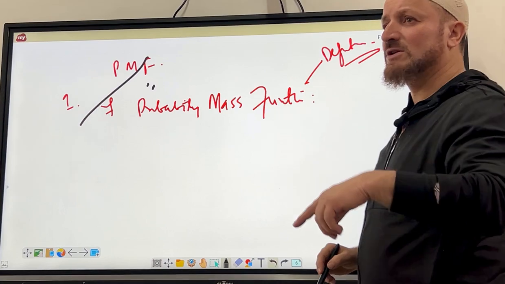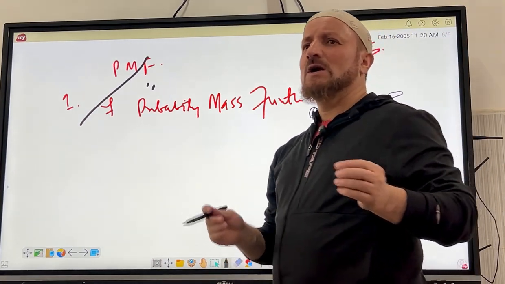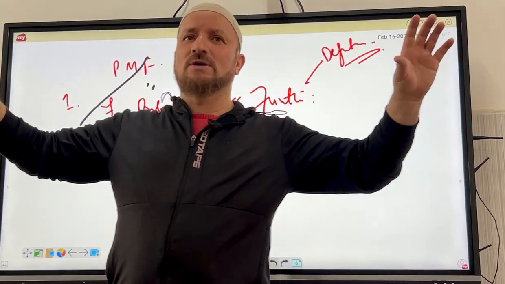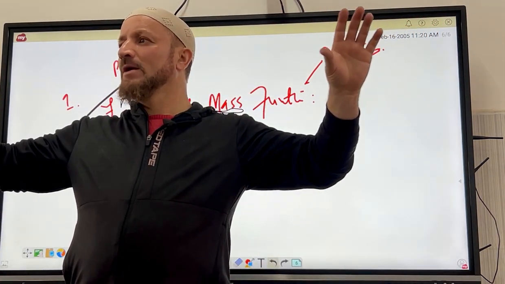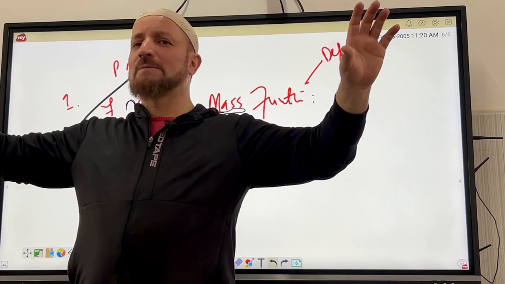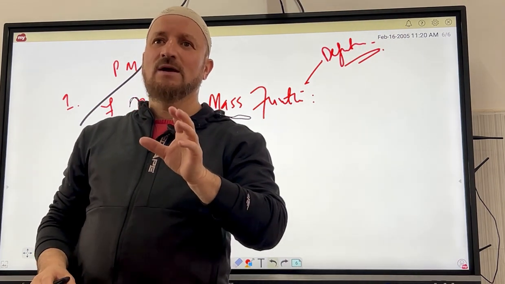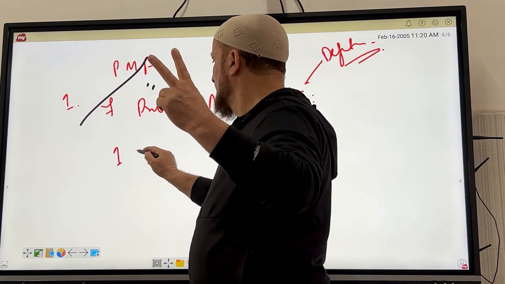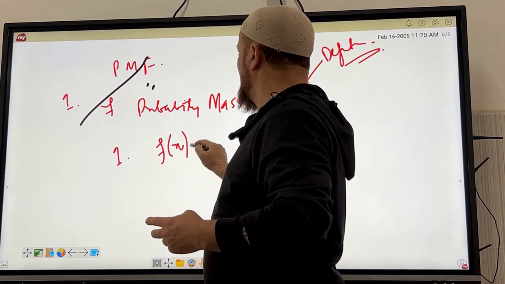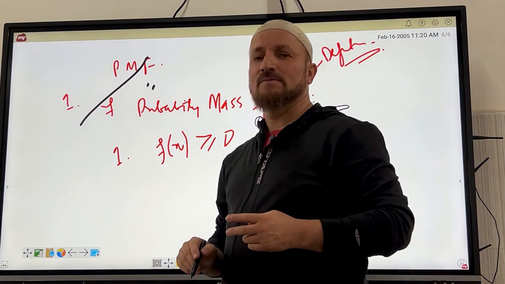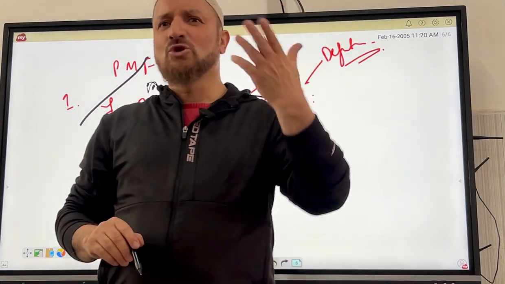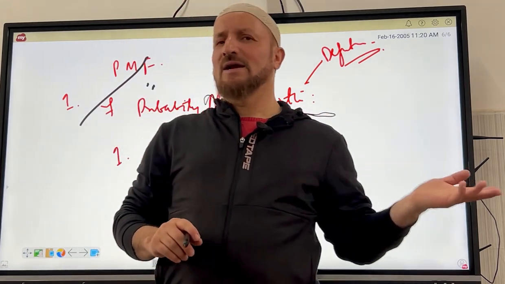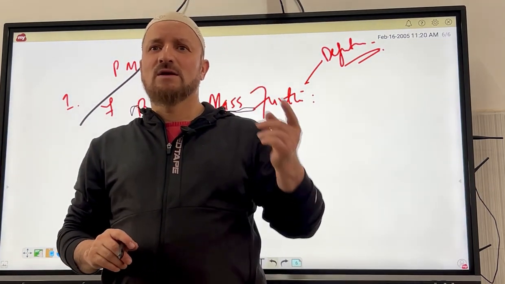So let me explain what is it. Probability mass function tells us कि जो आपका probability distribution है, जो आपने अभी टेबल के अंदर किया, उसमें 2 कंडीशन सेट करो. नंबर 1, f of x जो आपका है, it should be greater than or equal to 0. It cannot be negative.